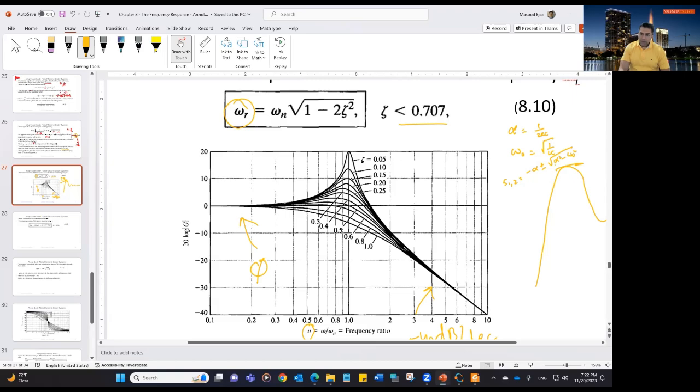So if alpha is greater than omega naught, then you had the overdamped system. If alpha is less than omega naught, then the square root is going to be a complex value.